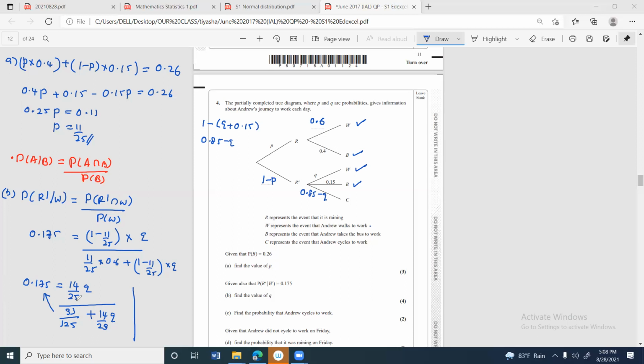If you cross multiply, over here is 0.175 into 33 over 125.